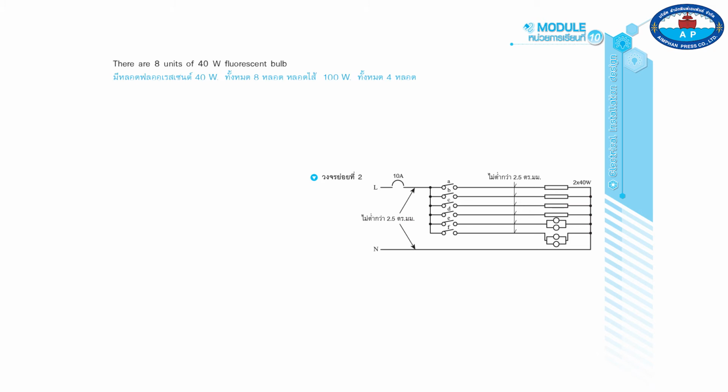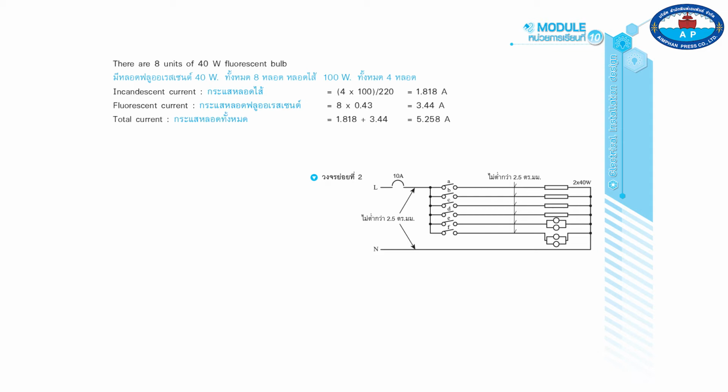There are 8 units of 40-watt fluorescent bulb. Incandescent current equals quantity 4 times 100 divided by 220, which is equal to 1.818 amperes. Fluorescent current is equal to 8 times 0.43, which is 3.44 amperes.